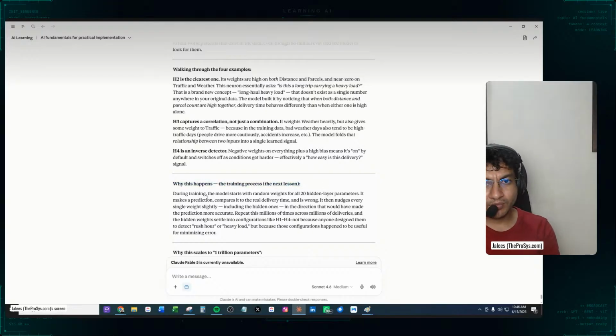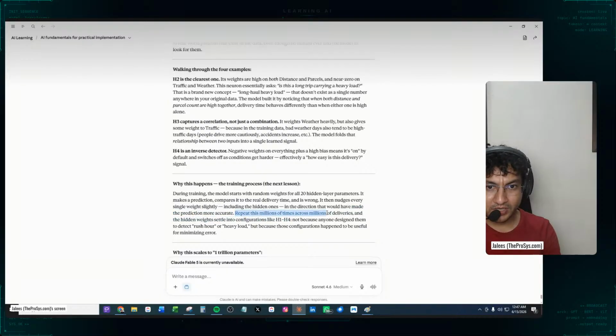Why does this happen? The training process, the next lesson. During training, the model starts with random weights for all 20 hidden layer parameters. It makes a prediction, compares it to the real delivery time, and is wrong. It then nudges every single weight slightly, including the hidden ones, in the direction that would have made the prediction more accurate.